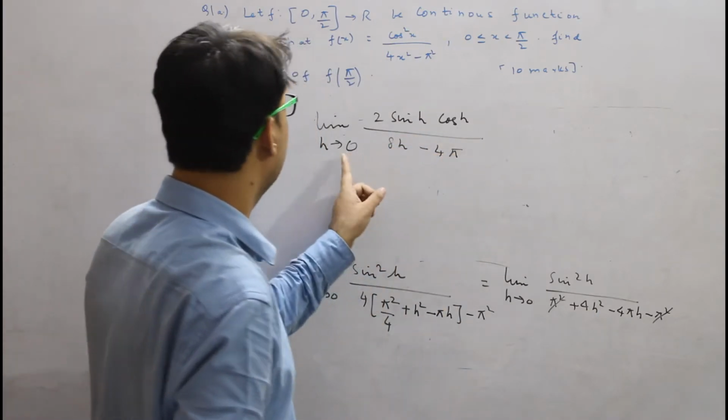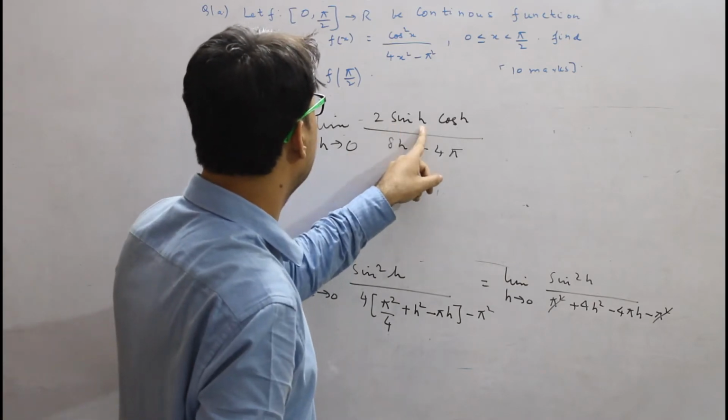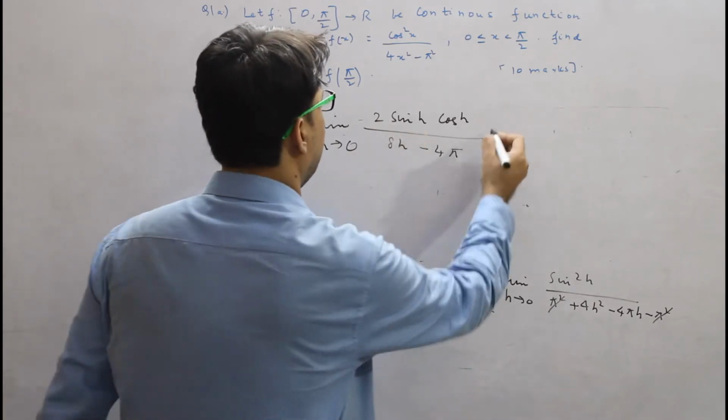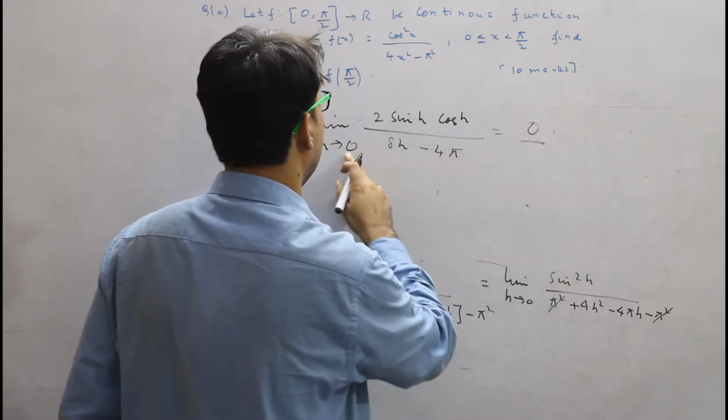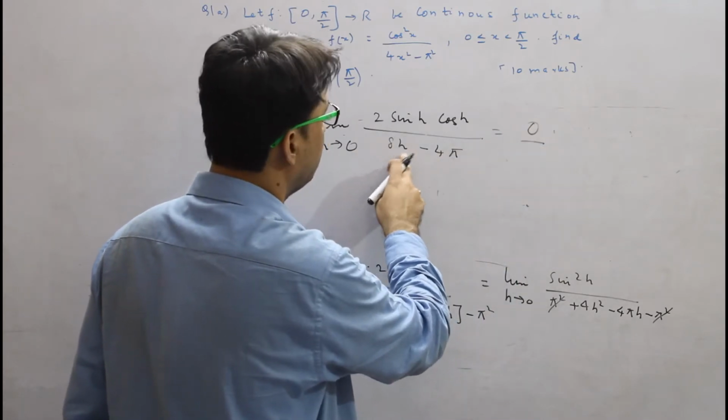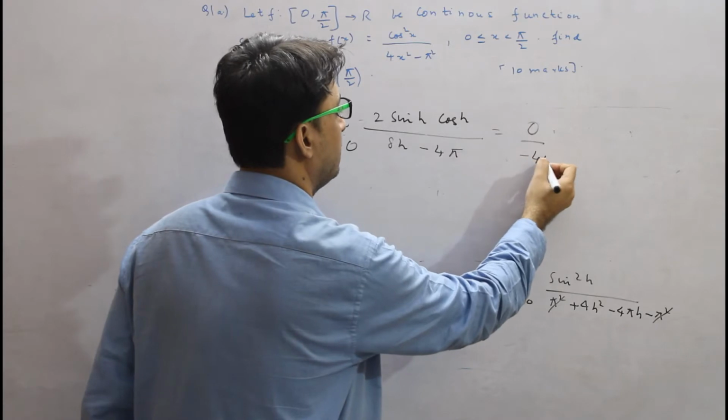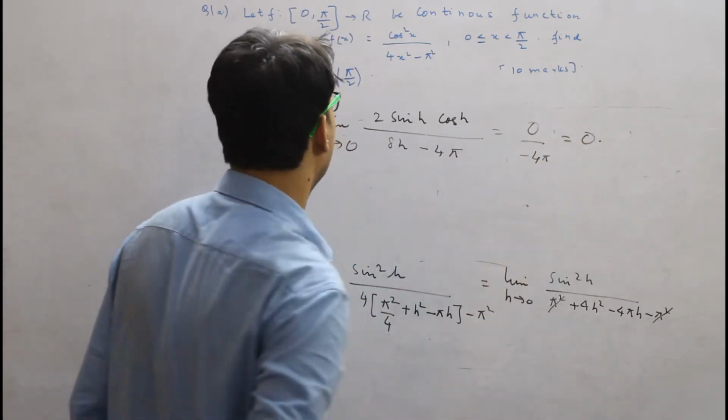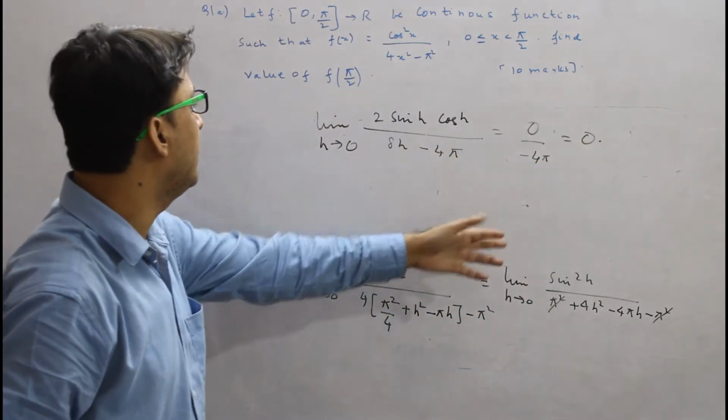Sine 0 is 0, so we have 0 in the numerator, and in the denominator 8 into 0 is 0, minus 4 pi, which is minus 4 pi. So we get the answer as 0.